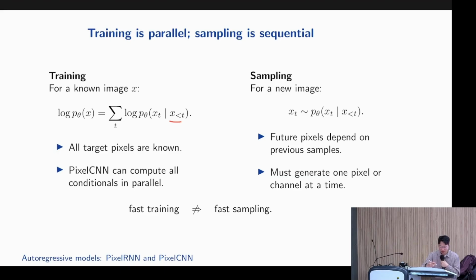So during training, pixel CNN training can be done in parallel over all pixel locations, which is extremely fast. But for sampling, unfortunately, you need to see the context for the convolution kernel, so you have to do one by one generation of the pixels. So it's going to be slow.